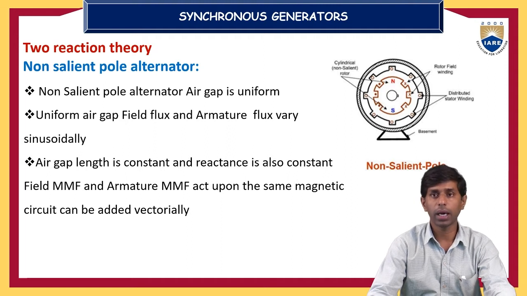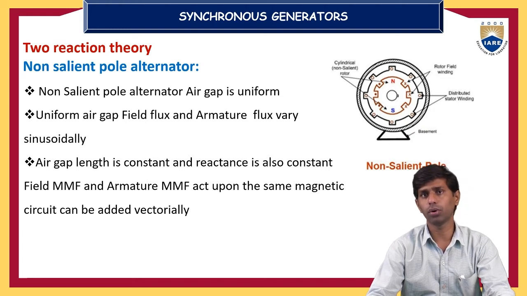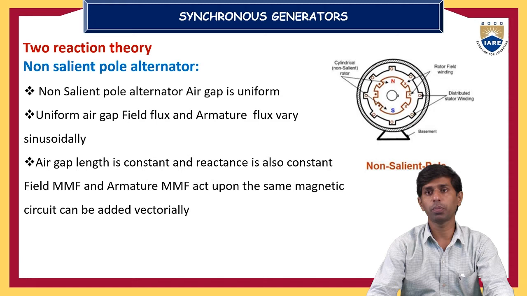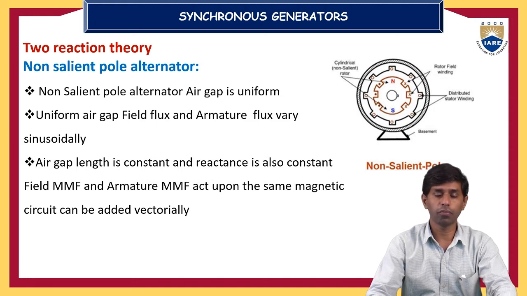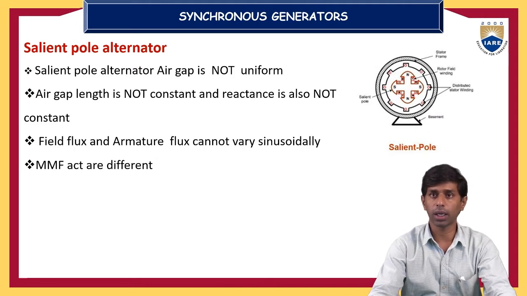Field MMF and armature MMF act upon the same magnetic circuit and can be added vectorially. This is all about the non-salient pole rotor type alternator, where projecting poles are not present, and the uniform flux distribution and uniform air gap give some advantages over the salient pole alternator.